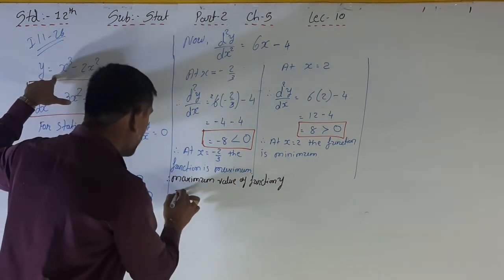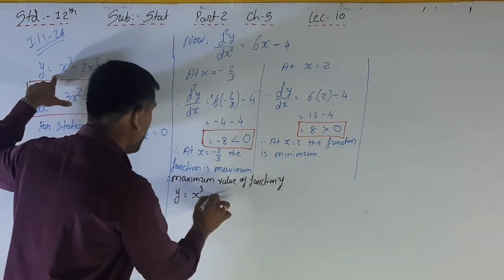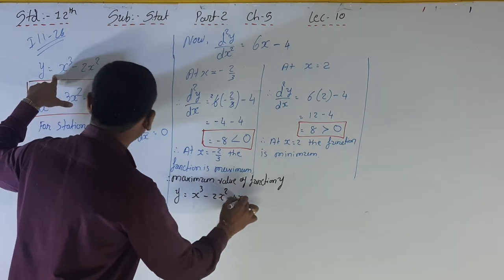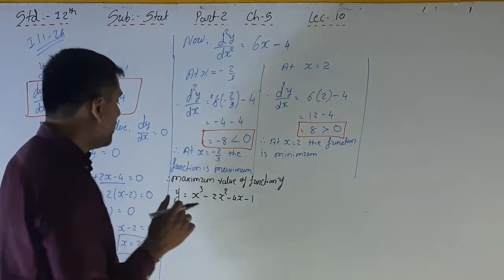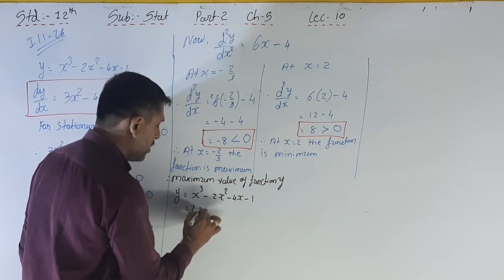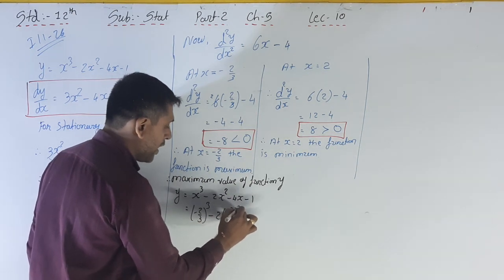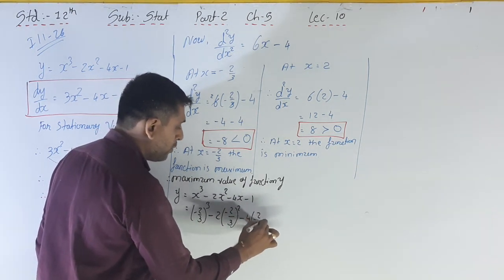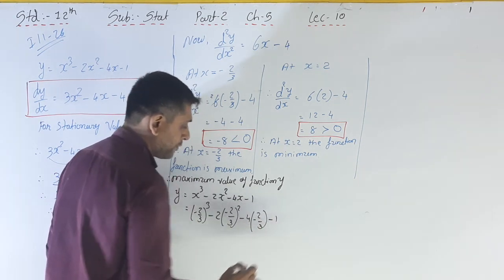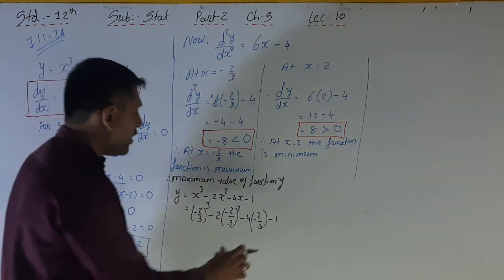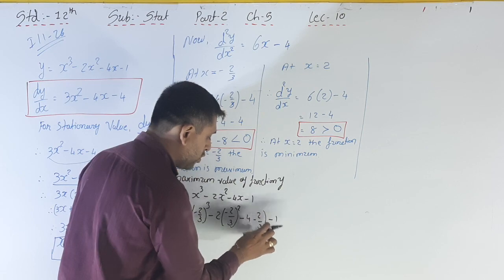What is your original function? y is equal to x cube minus 2x square minus 4x minus 1, and we have to put the value of x: minus 2 by 3 cube, minus 2 into minus 2 by 3 square, minus 4 into minus 2 by 3, minus 1. I am just putting the value here, that x is equal to minus 2 by 3.